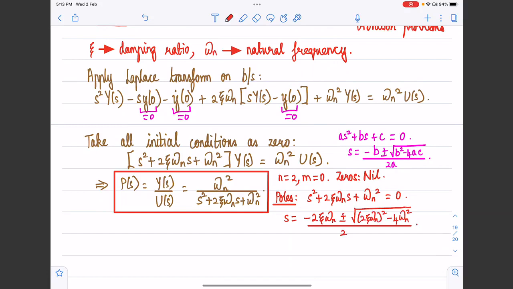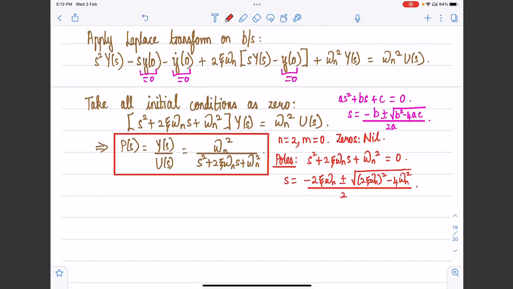Okay, so if I simplify this by cancelling 2 in the numerator and the denominator, I'm going to get the 2 poles as minus zeta omega n plus or minus the square root of... if I simplify this, I get omega n squared out of the square root.